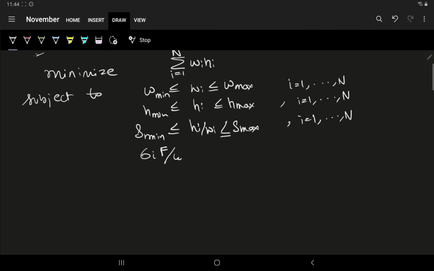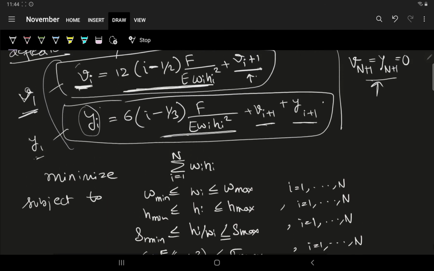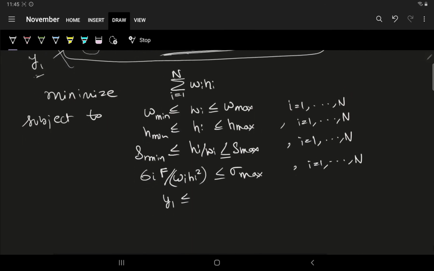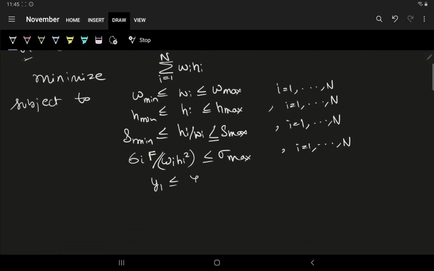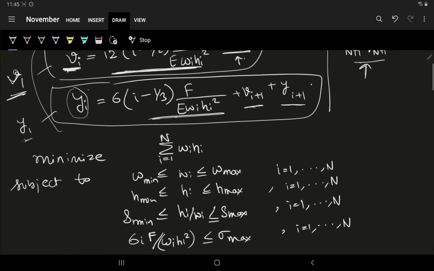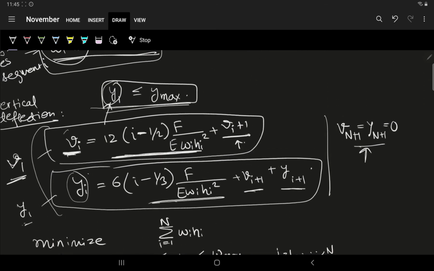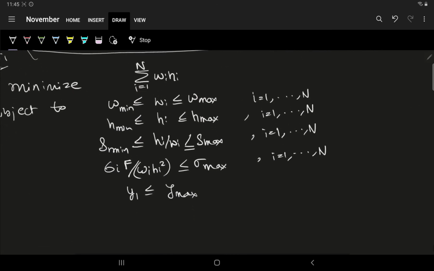This value is for each segment the maximum stress. So we have to check that for every segment this stays below the sigma max value, and then the deflection of the last y1. I'm not writing this function; this will come from recursively solving these two.